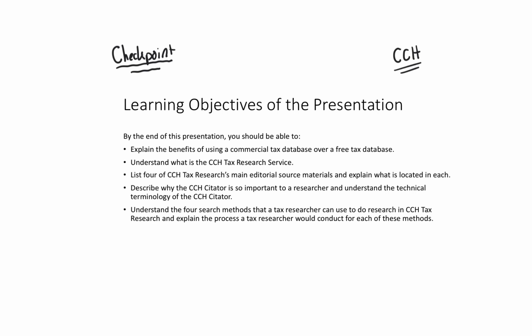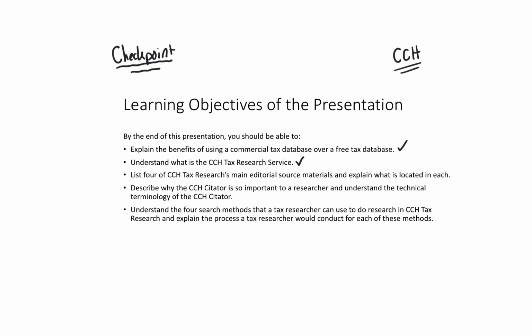So, learning objectives of the slides: we're going to explain the benefits of using a commercial tax database over a free database. And by the way, I mentioned earlier that it's important you watch the video going through Checkpoint; you're going to see some overlap of concepts there. Understand what the CCH Tax Research Service is.